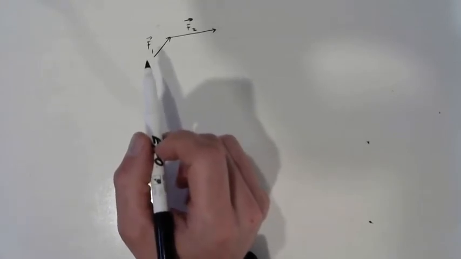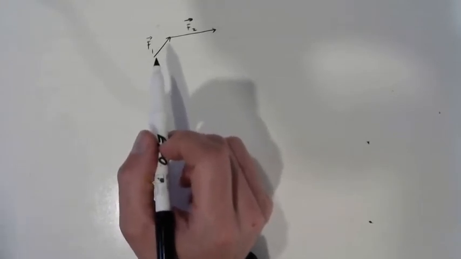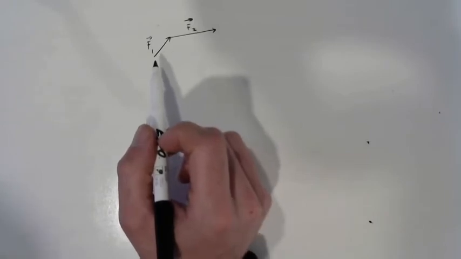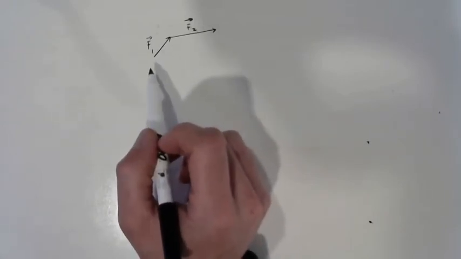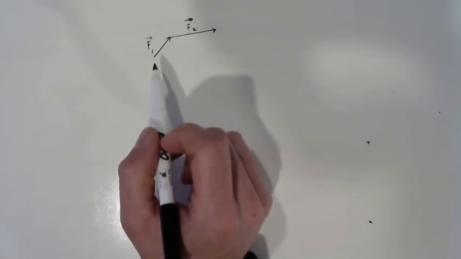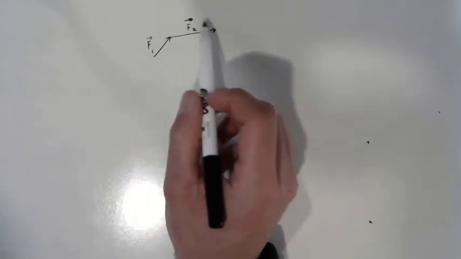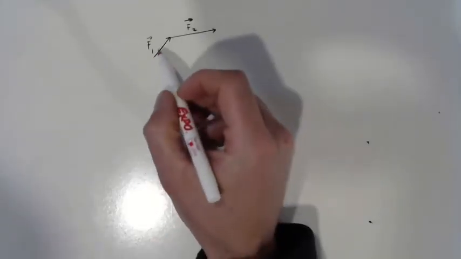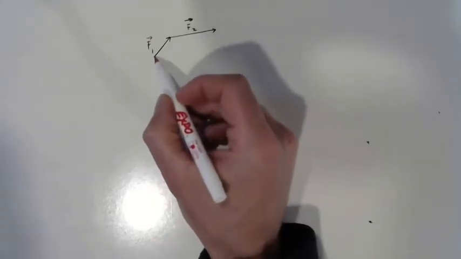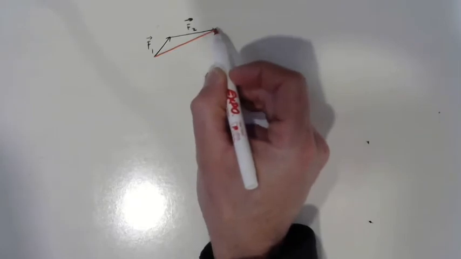So the equilibrant vector is equal but opposite to these vectors. It has the same magnitude but opposite direction as the combination of these two vectors. So in order to determine what the equilibrant vector is for F1 and F2, we would first need to calculate a resultant vector.